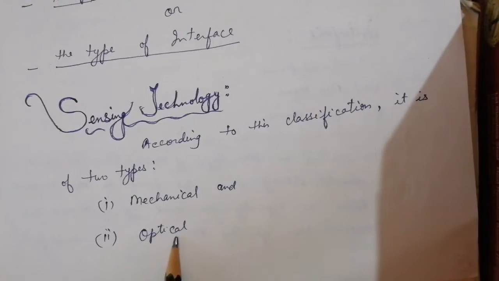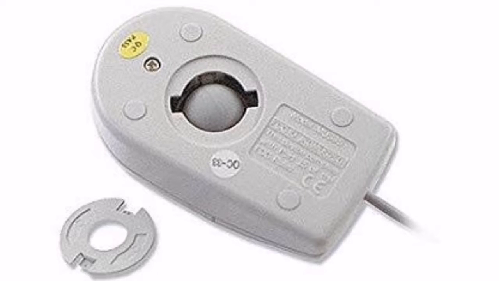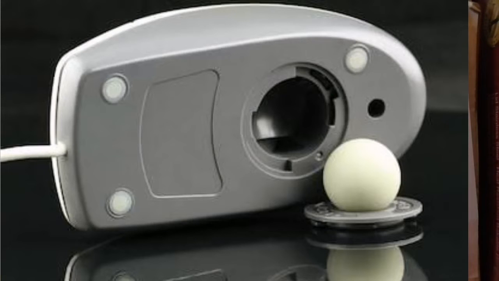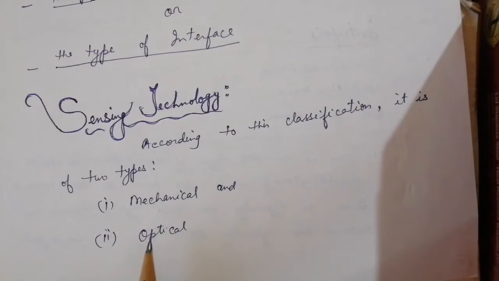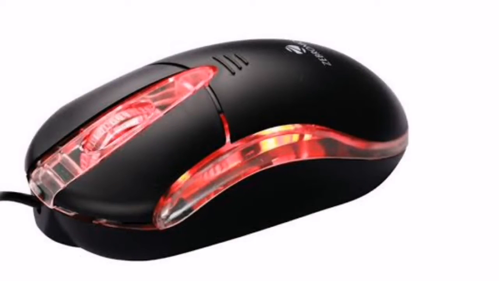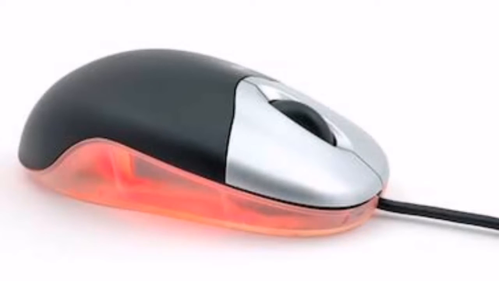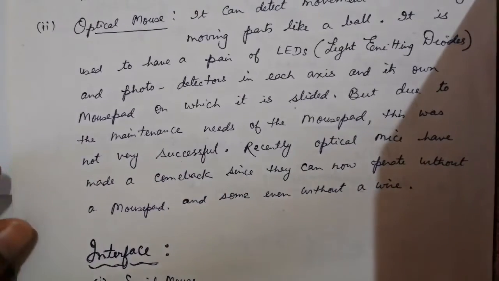Mechanical contains a sensor and one rough rubber ball, and when that rubber ball touches the sensor, it tracks the movement, which the pointer follows. And optical contains light. Through light it operates. That is optical mouse. So according to the sensing technology, mechanical mouse and optical mouse.